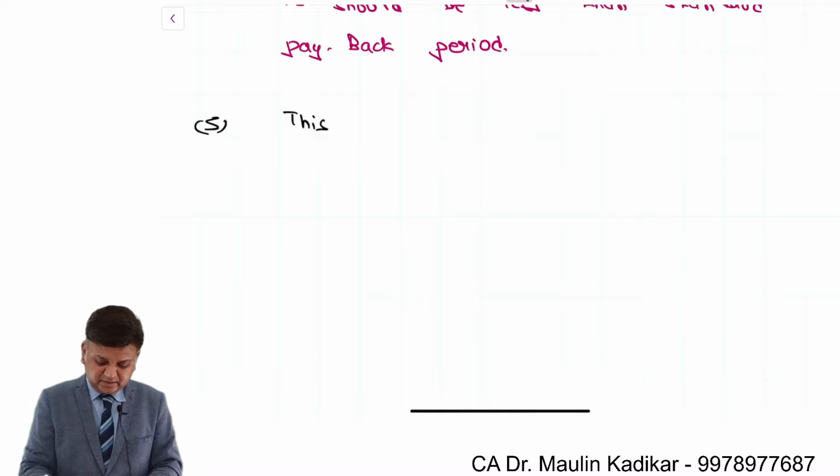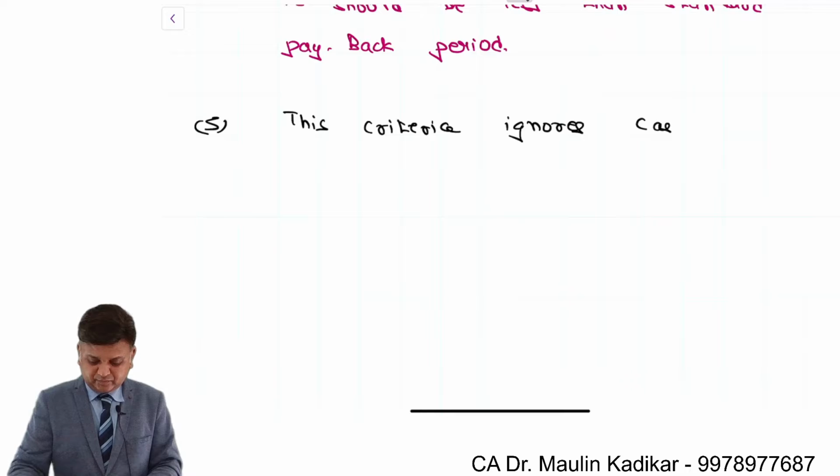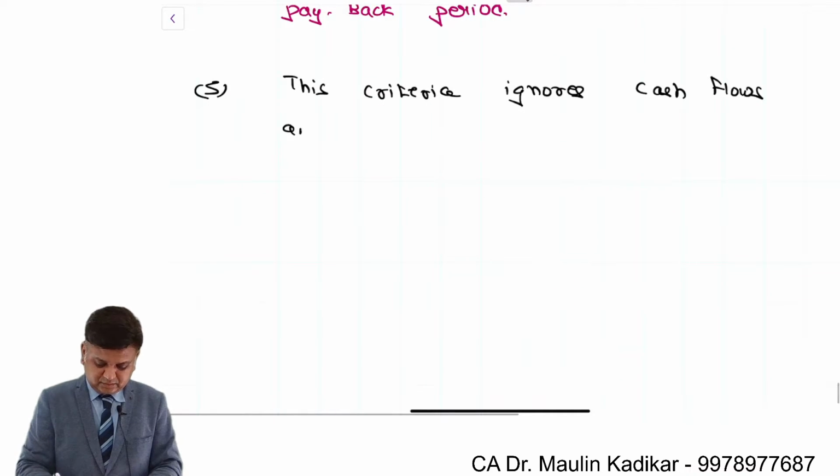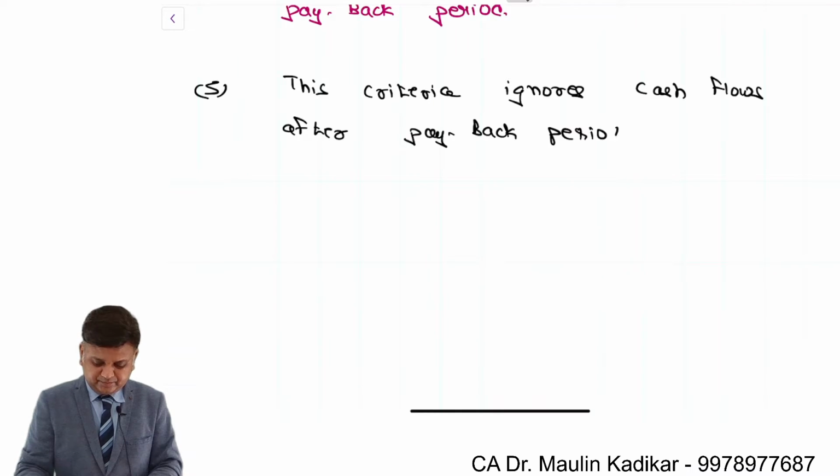This criteria ignores cash flows after payback period for decision making.